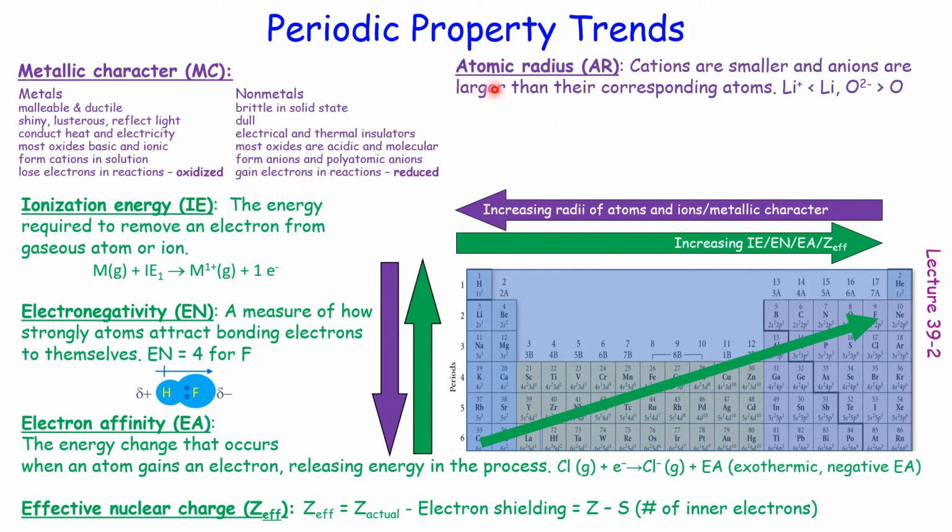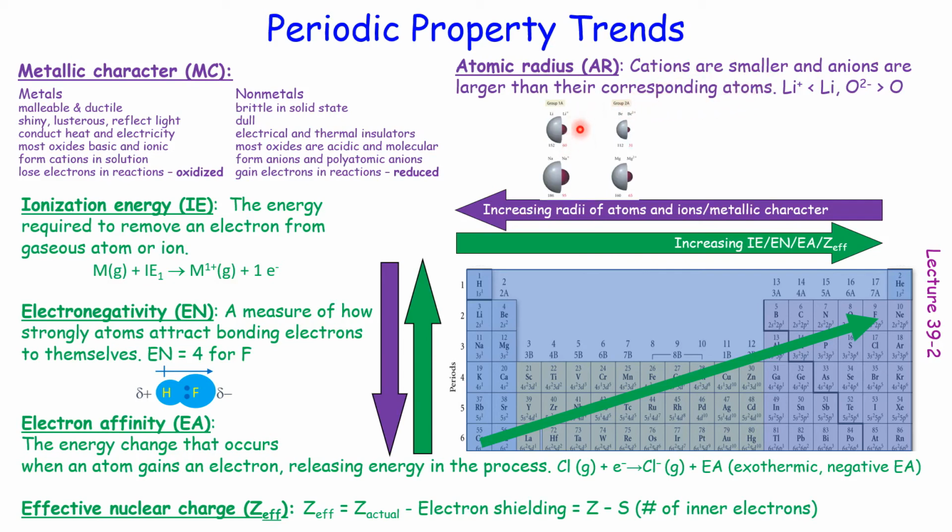Now let's go over the radii of atoms and ions. Please pay attention here: cations are smaller than their corresponding atoms.